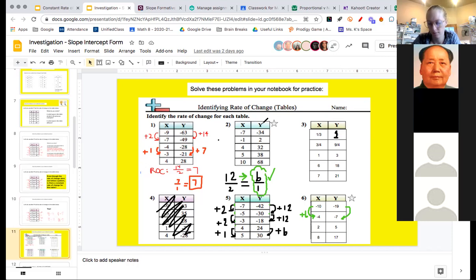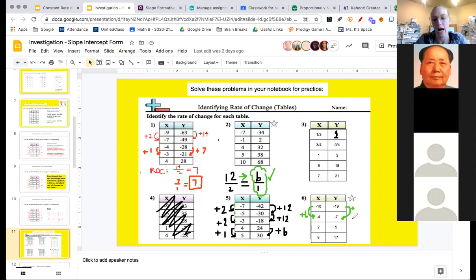Wait, does it work now? Yes, there we go. Yeah, sometimes it doesn't work. That's okay. Let's leave it on for this problem so that it doesn't go away.